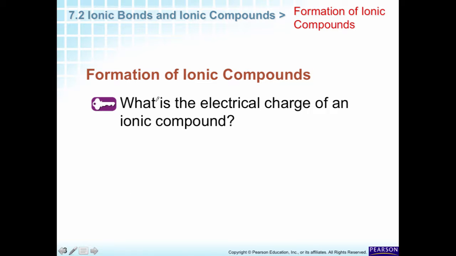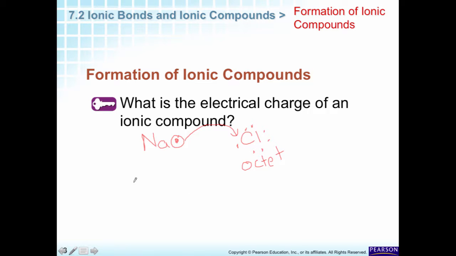For instance, if I have an ionic compound, one of them we're going to talk about is sodium chloride. So sodium is like that, and chlorine is like this. So what's going to happen? Chlorine really wants sodium's electron to get an octet.